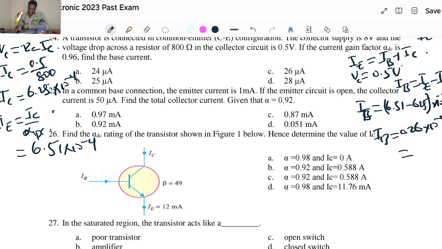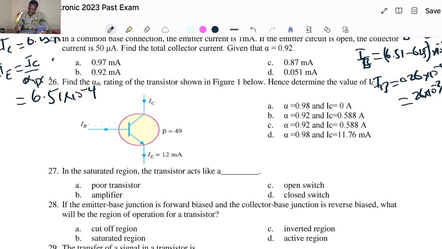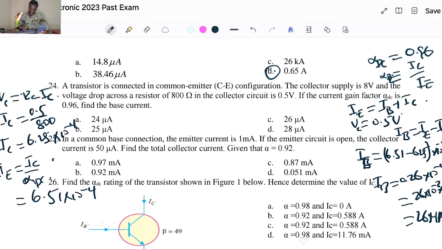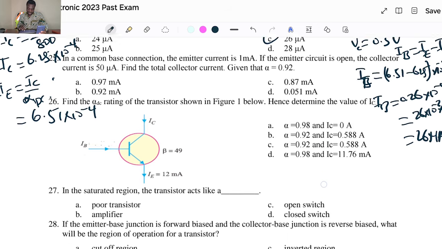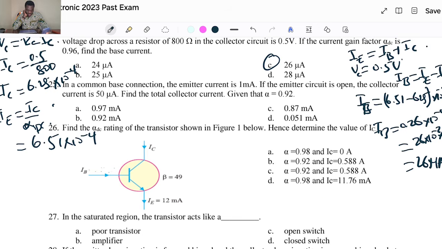We express this in micro, because you can see our answers are expressed in micro. So this will now be 26 times 10 to the power minus 2 times 10 to the power minus 4, so you get 26 microamps. So the answer here becomes 26. This is how we go about calculating this question.